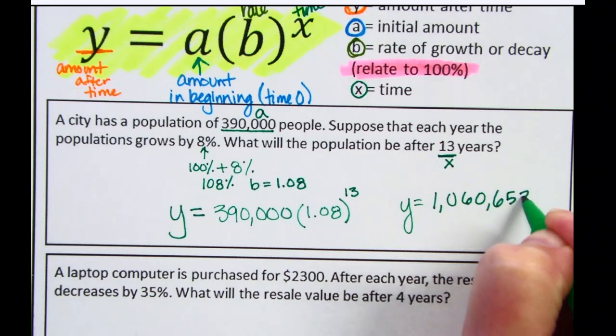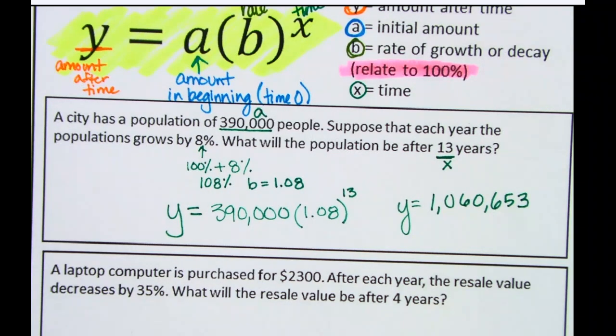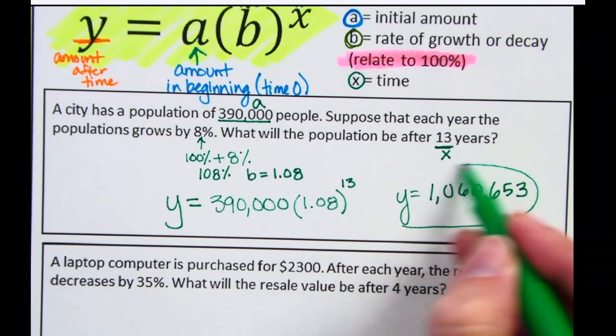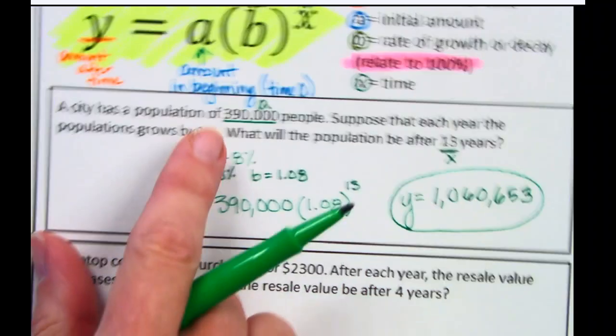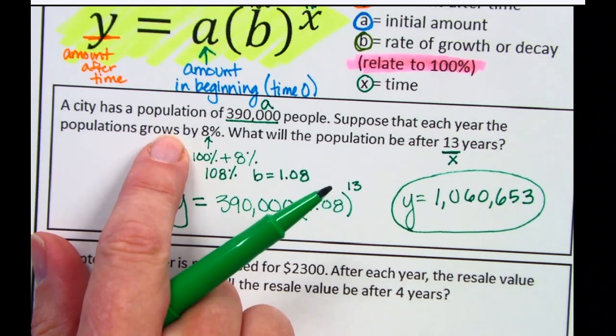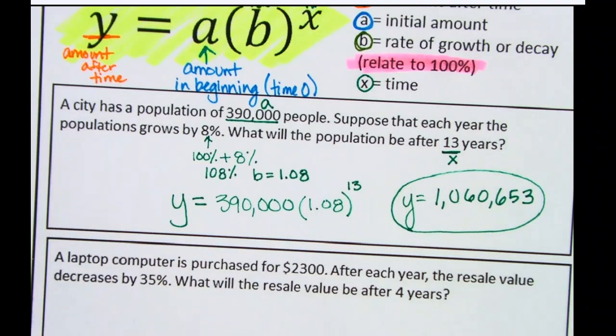I'm going to go ahead and round down to the nearest person since it was 0.253. All right. Was it pretty rough? It's the hardest thing deciding if it's growth or decay. Tell me why we knew this one was growth. Population grows. Right. So let's look at the next one.